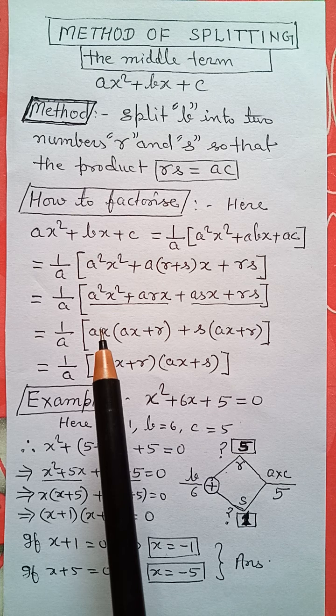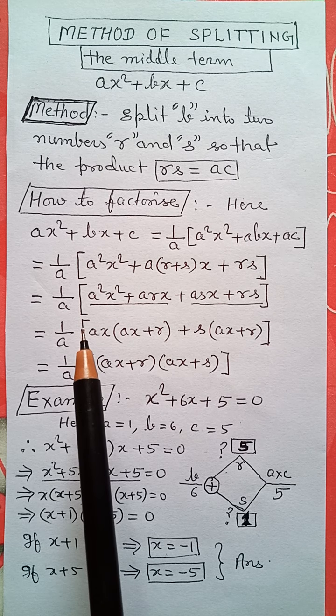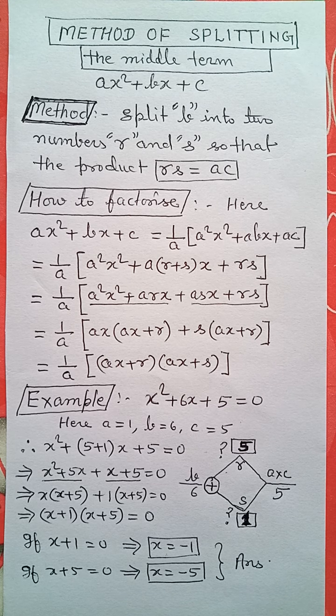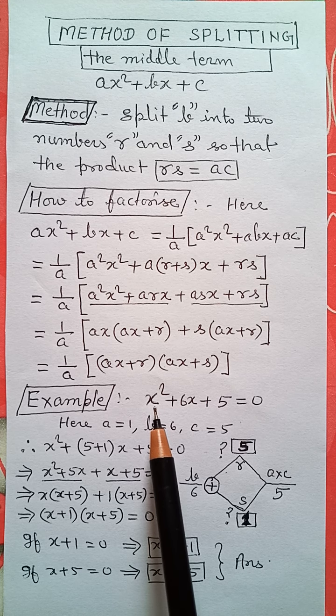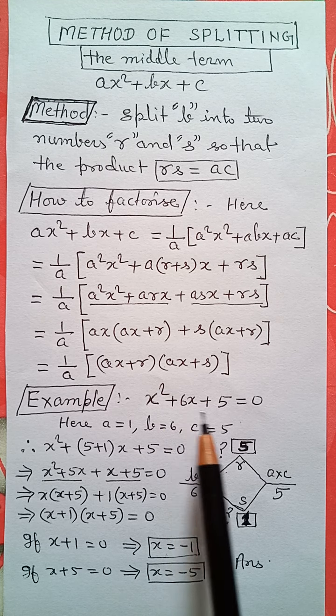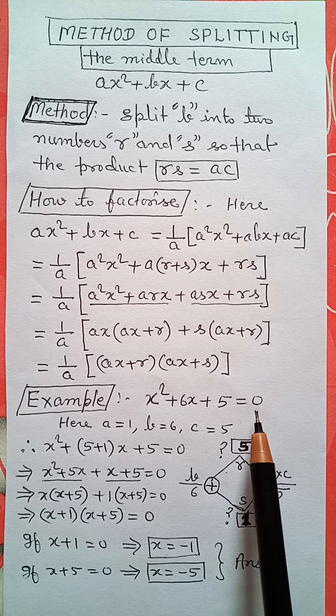Let us understand this concept with an example. Here the equation is x square plus 6x plus 5 is equal to 0.